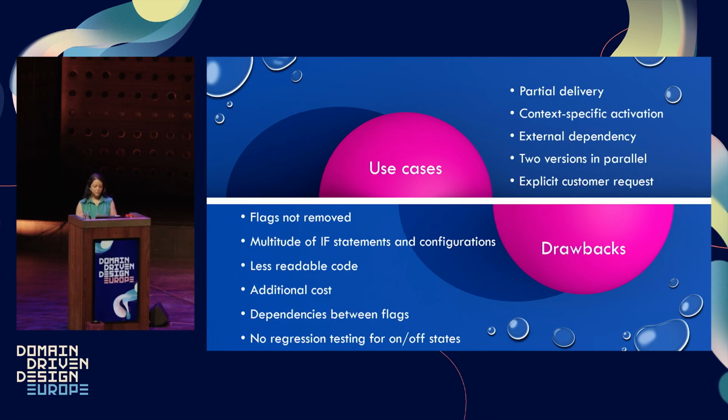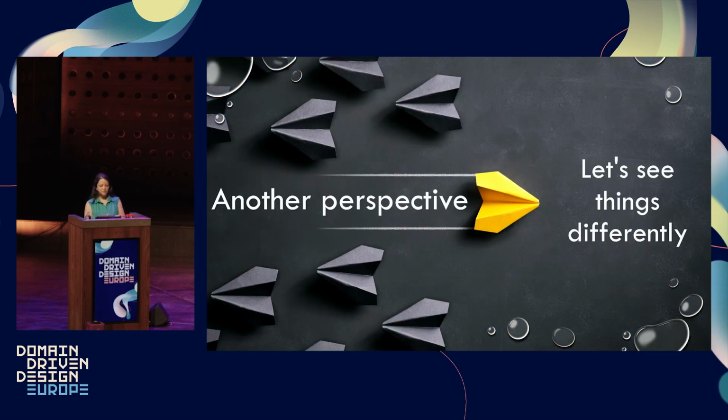And on the other hand, we have all the drawbacks or disadvantages of feature flags or feature flippers or whatever. And they are not removed, multiple ifs in the code, less readable code, etc. So I invite you to see things differently through alternatives to classic feature flags.